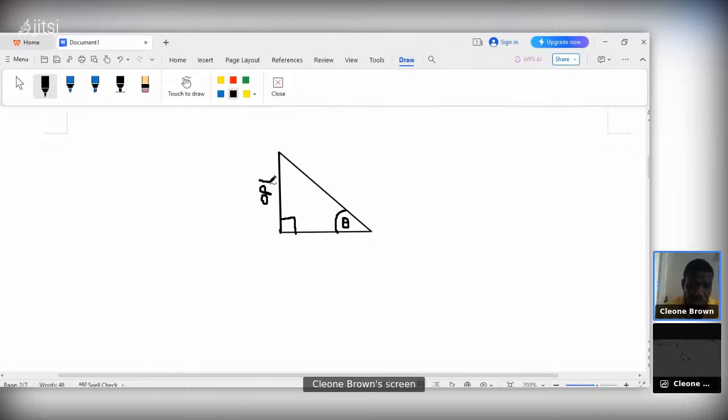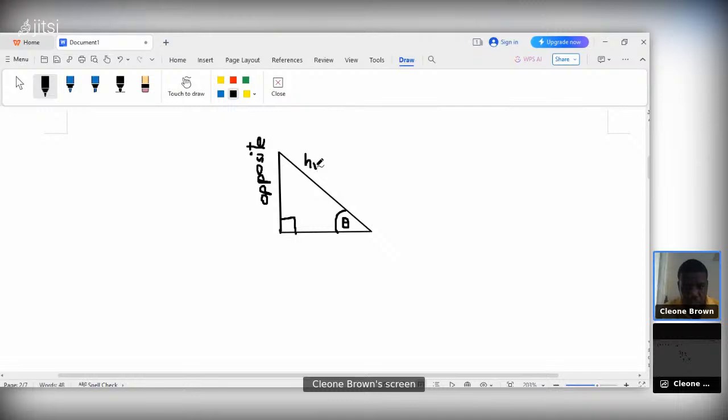So as we said, the sides of the right angle triangle have special names. This would be called our opposite side because it's facing the reference angle. Whichever angle we're using as our reference angle, the side that is facing it is called the opposite. Then the side that is facing the 90-degree angle, which is our longest side, is called the hypotenuse.